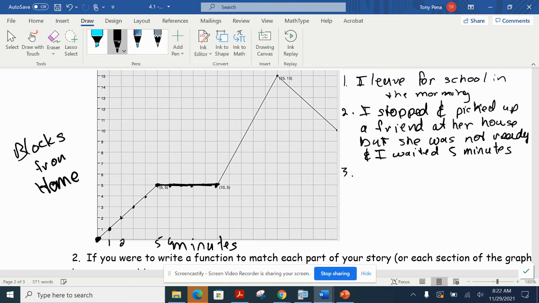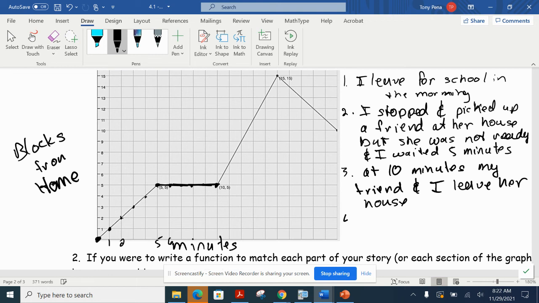So now she's ready. We're going to get further away from her house or his house. We're also getting further away from my house. So then at 10 minutes, my friend and I leave her or his house.